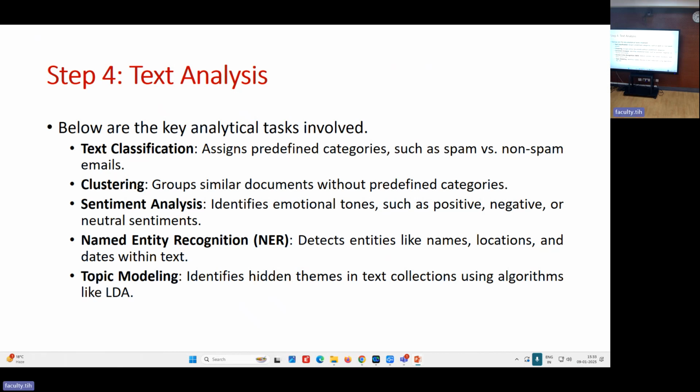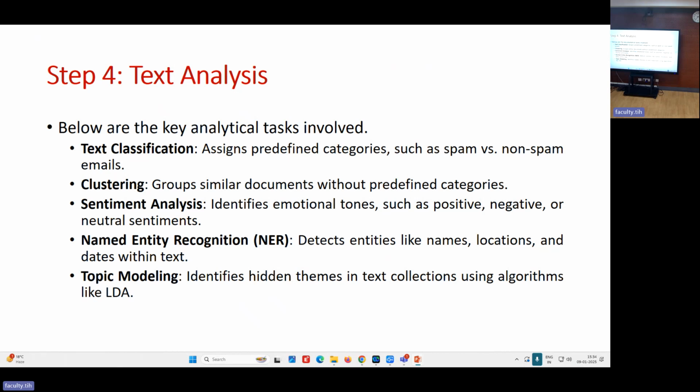Another is you can use topic modeling. You can process your data using topic modeling algorithms like latent semantic analysis or LDA, through which you can find out the theme of a particular text, right?